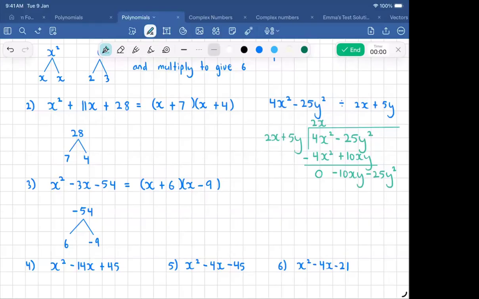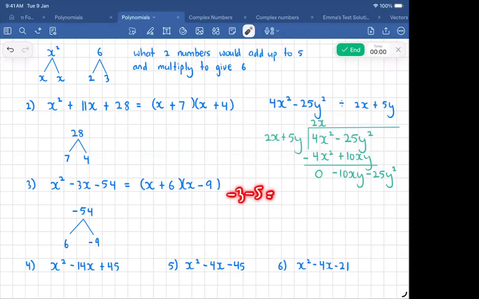I understand it. If I have minus 3 minus 5, I could also write that as minus 5 minus 3. So it doesn't matter the order in which I do it. Instead of minus 25y squared minus 10xy, we could write it like this. The reason we're doing that is because then 2x could go into this.